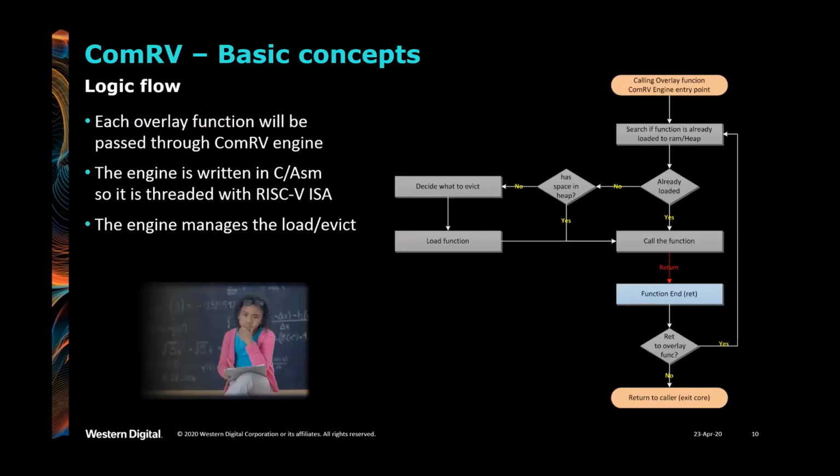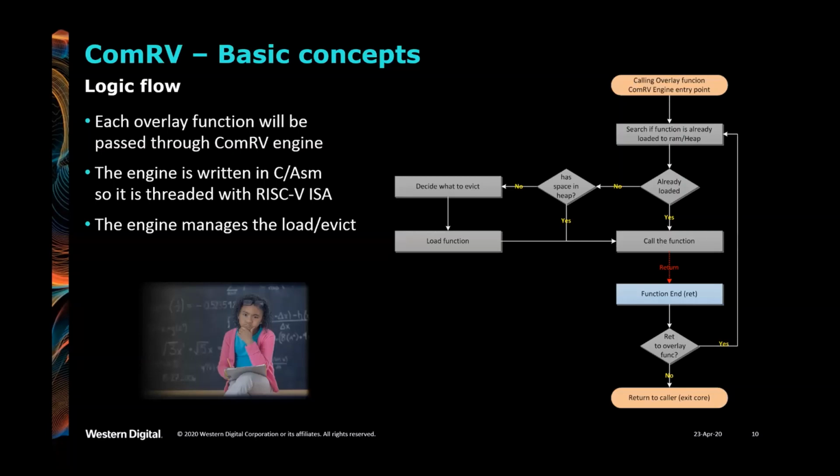Let's look a little bit above and look at the logic flow. So the overlay function will pass through the ComRV runtime engine. The engine is written in C and assembly, and that is why it's tied to the RISC-V target, and it can only work on RISC-V targets. The main engine workload is to load or evict overlay functions from the cache.